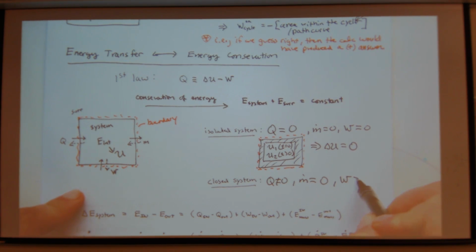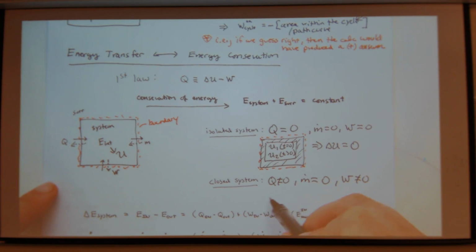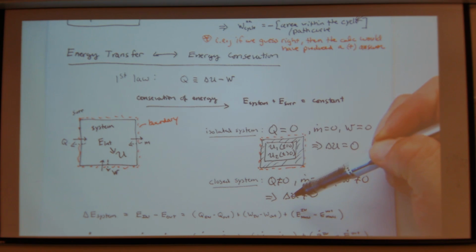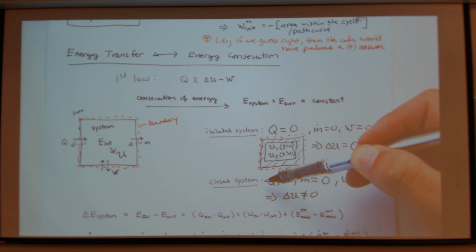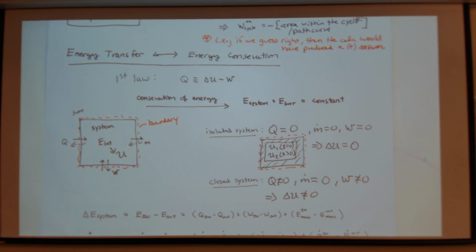And how about work? Not 0. So that implies that delta U is not equal to 0. So in principle, in general, the only way you can get a balance where you don't get a change in internal energy. But one thing is for certain, usually your internal energy changes between two states if it's not an isolated system.